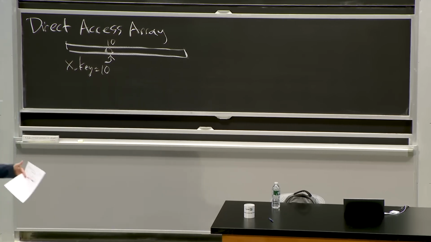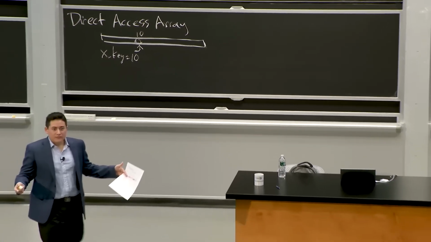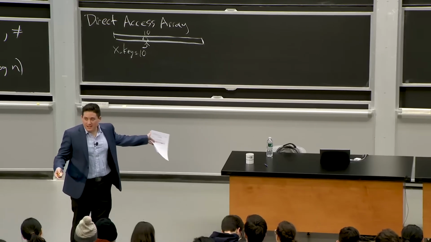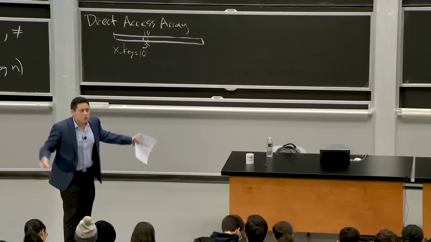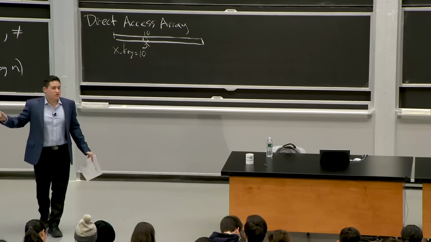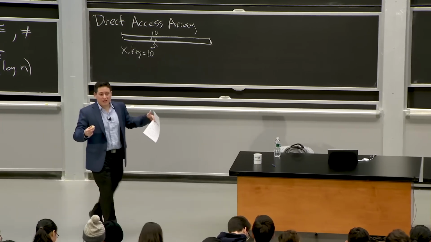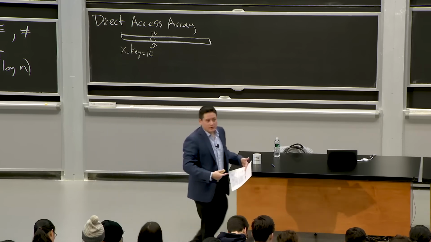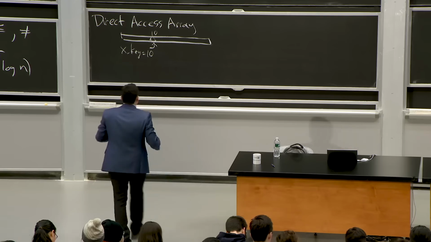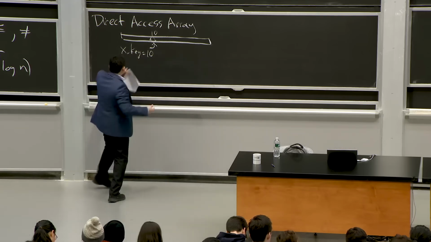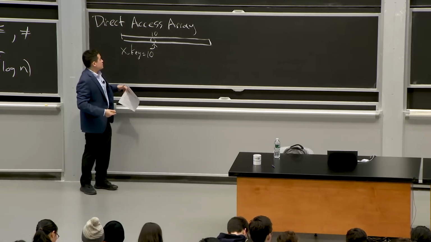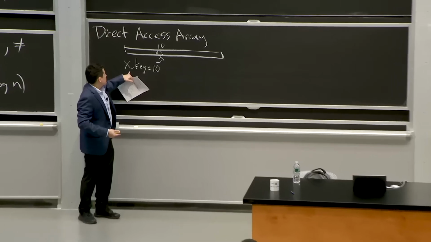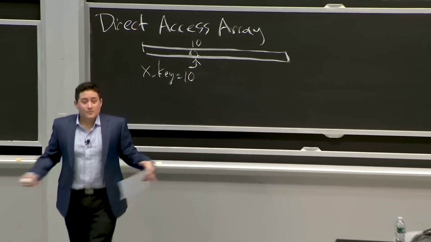Now, I can only store one item with the key 10, and that's one of the stipulations we had on our set data structures. If we tried to insert something with the same key as something already stored there, we're going to replace the item. That's what the semantics of our set interface was. But that's OK. That's satisfying the conditions of our set interface. So if we store it there, that's fantastic.